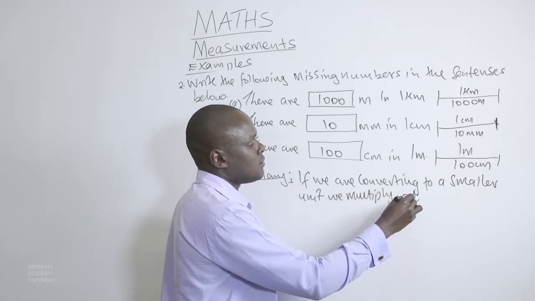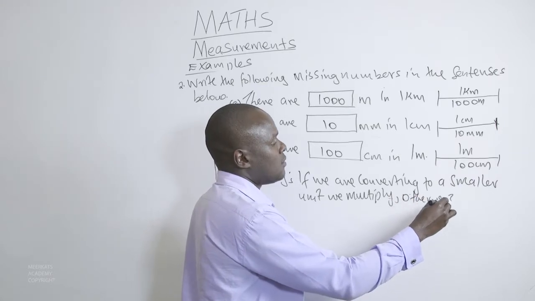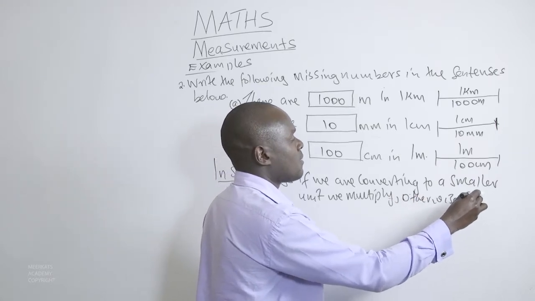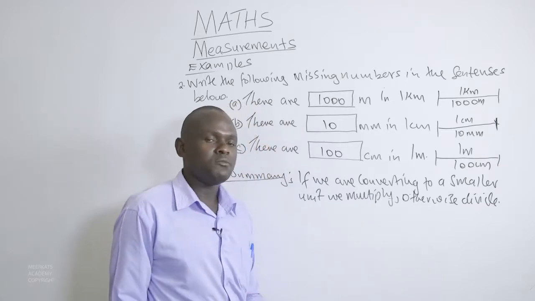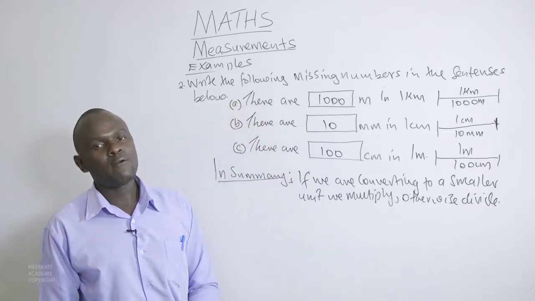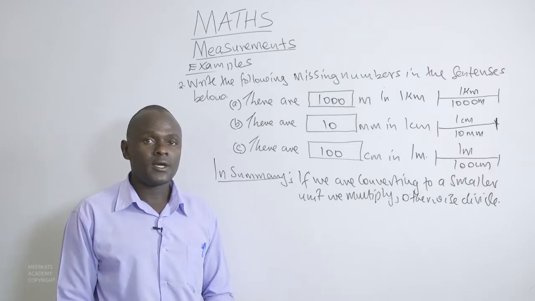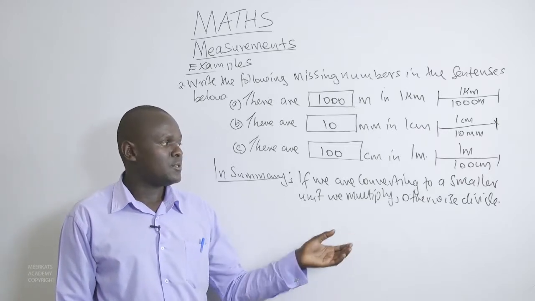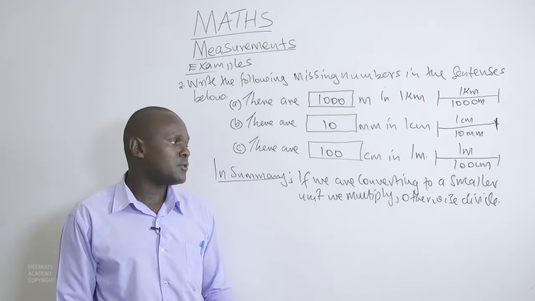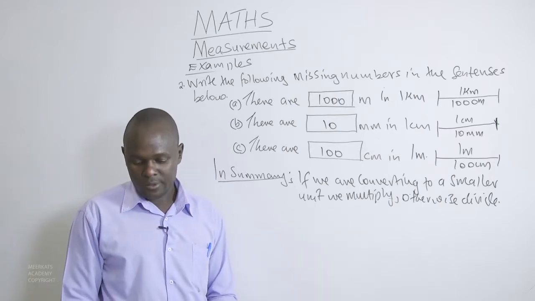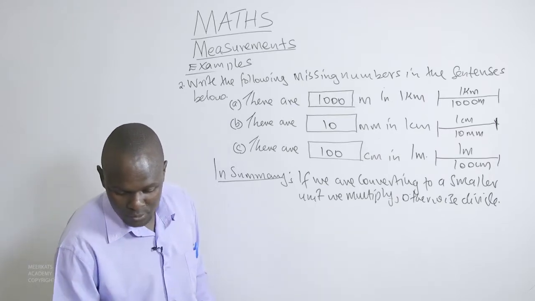Otherwise, divide. Where otherwise means if you are converting from a smaller unit to a larger unit, you need to divide. This is a very important point that we should always remember.